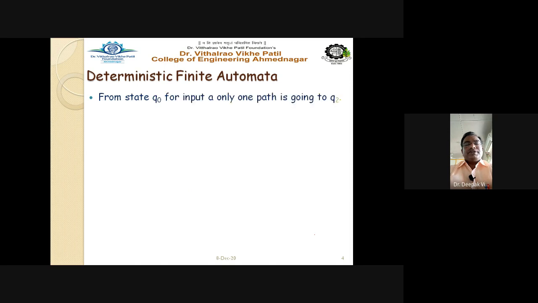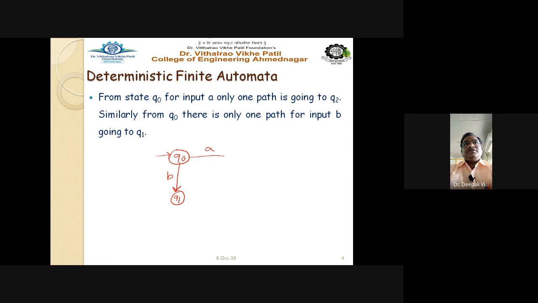See here, from state Q0, for input A, only one path is going to Q2. From state Q0, the input symbol is A, only one transition is going to state Q2. Similarly, from state Q0, there is only one path for input B, that is going to the Q1 state.